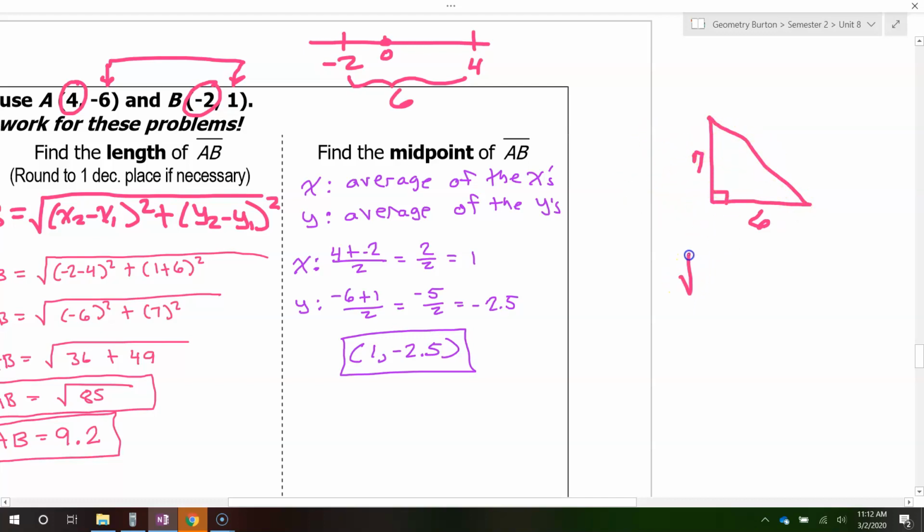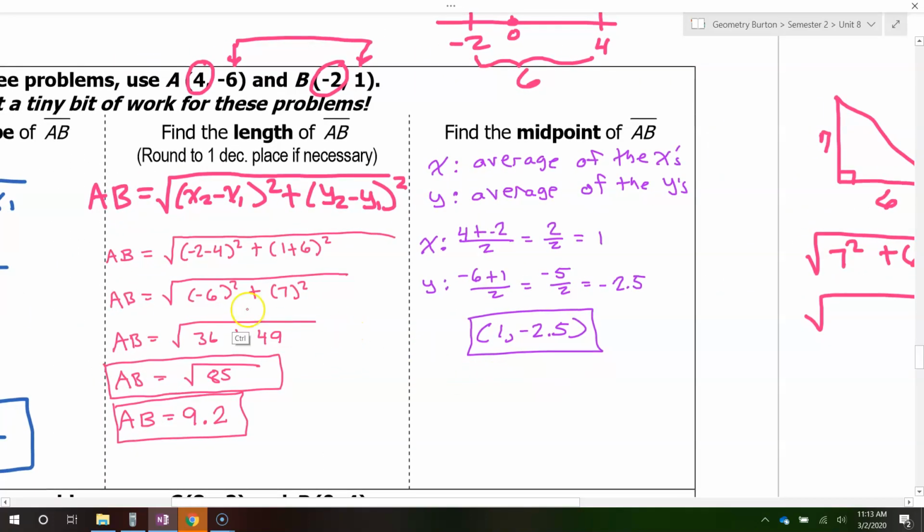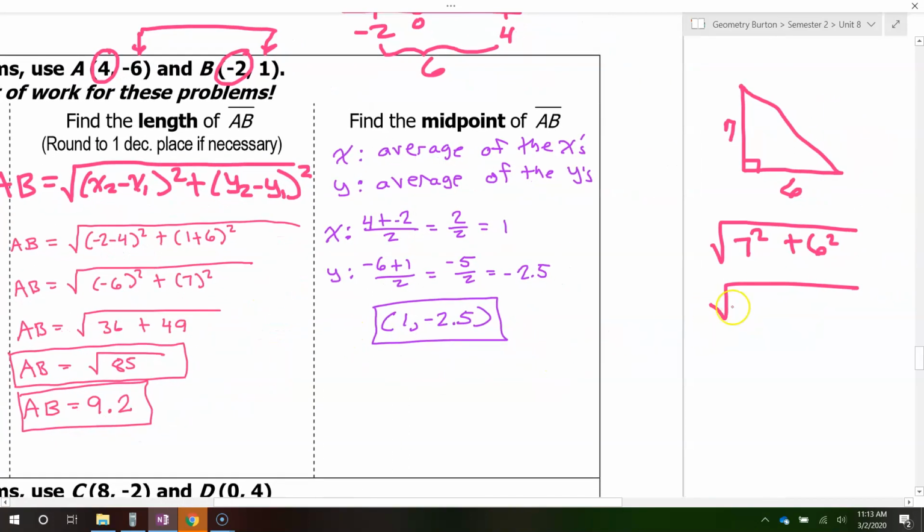So the length of the segment will just be the square root of 7 squared plus 6 squared, which is exactly what we were getting over here, right? Which would be 49 plus 36, square root of 85.